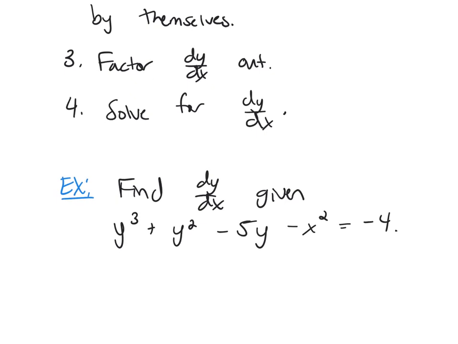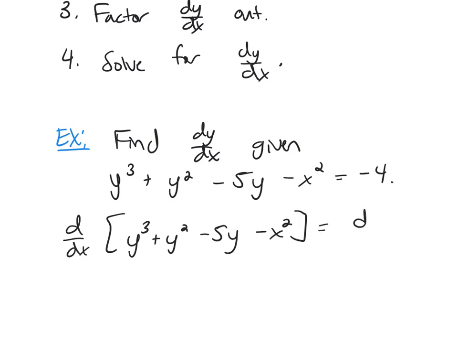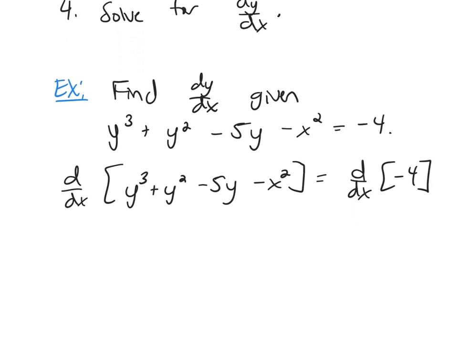So if you look back at our procedures, the first thing you're going to do is take the derivative of both sides of your equation. So I'm going to take the derivative of both sides. The derivative of the right-hand side. And now we're going to proceed, take the derivative here.